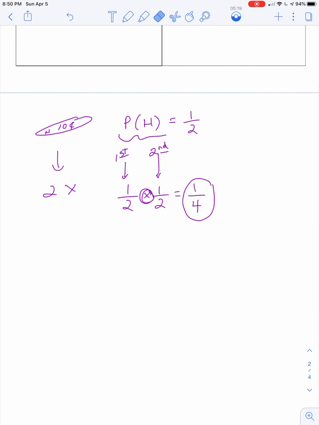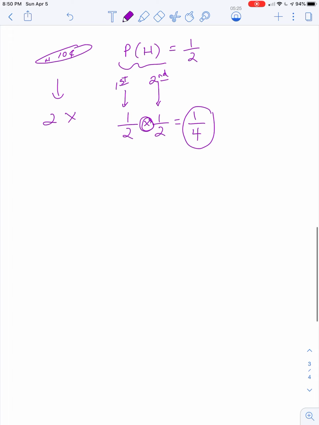Okay, so that's just kind of a starter here. Now, I can illustrate this very thing using what's called a tree diagram. I could say this represents my first event. I'm going to flip the coin. It can turn out to either be heads or it could be tails. Okay, that's the first toss.